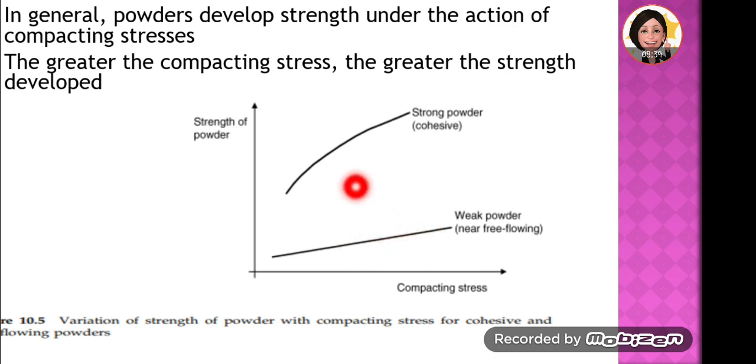And this is for a strong powder, which is cohesive, not easily flowable. So for this one, when we change the compacting stress by a small amount, there's also a small change in the strength of the powder.